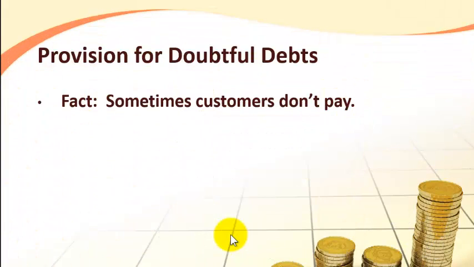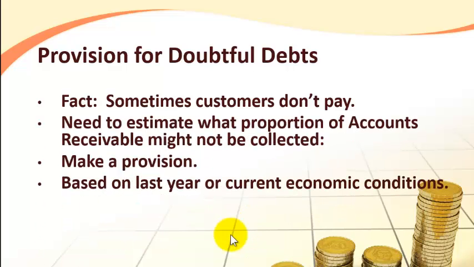When we get to the end of the accounting period, there's something else we must do. I've already told you that customers don't pay for various reasons, and that happens on a day-to-day basis, and sometimes that is determined by what the economic conditions are like.